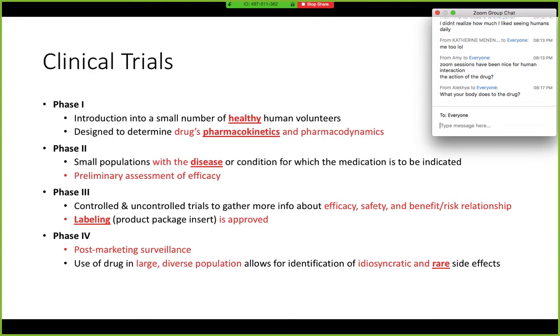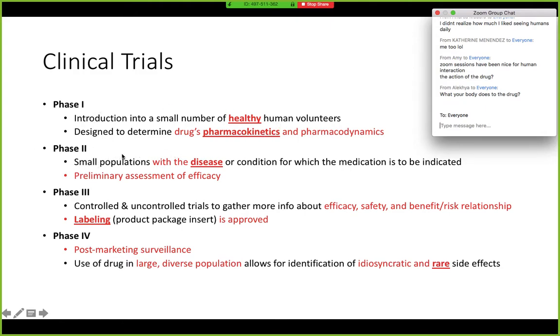And then how would you describe pharmacodynamics? Pharmacodynamics would just be the reverse of that, what the drug does to the body. So if they talk about, we gave drug X to healthy volunteers, and we're looking at what the body does to this drug, it's likely phase 1.